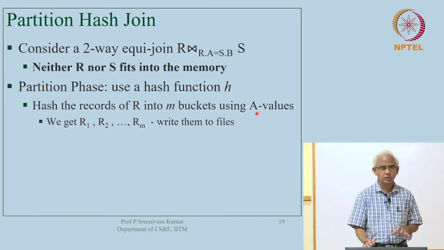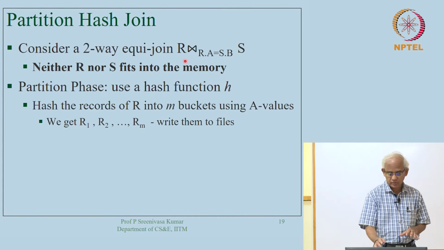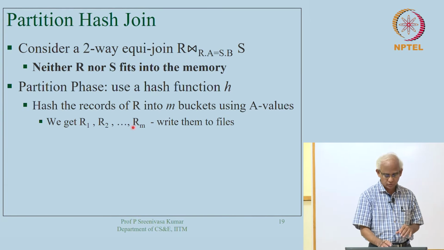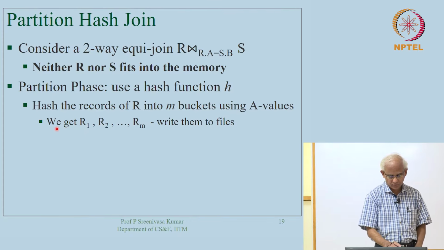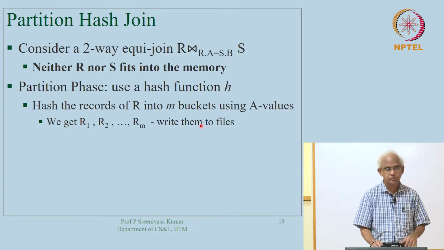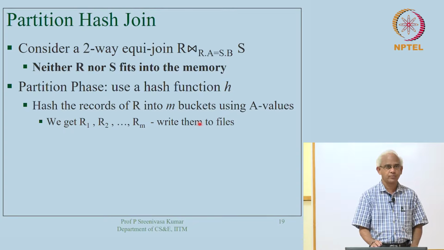Okay. Now, the file R is big. So, you can use memory buffers for each of these buckets, and then as soon as those buckets are getting filled, you may have to write them to the disk. Okay. So, write all these R1, R2, ..., Rm back as files.